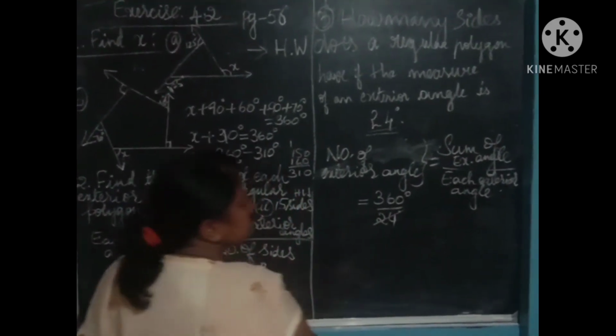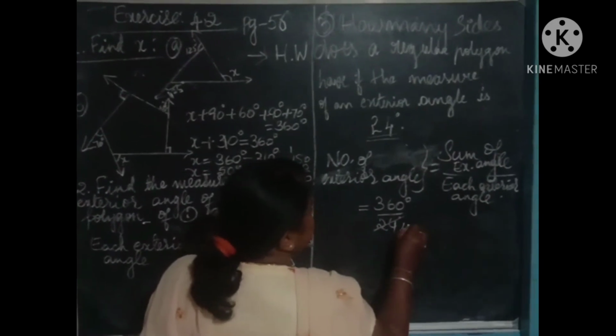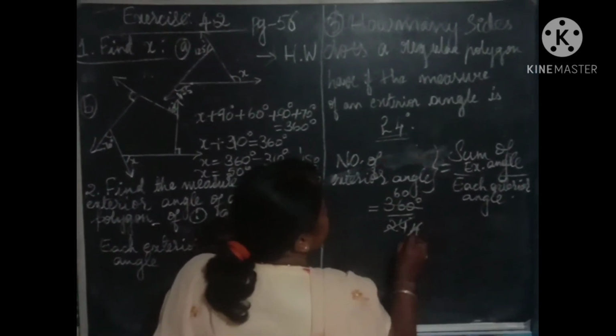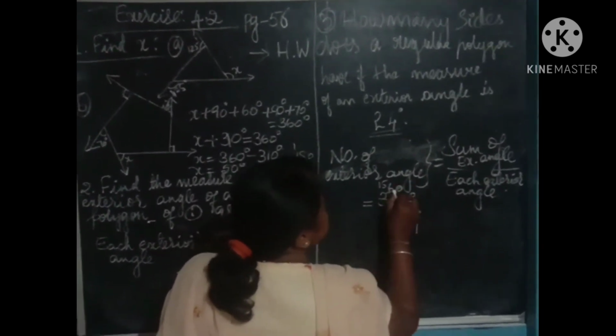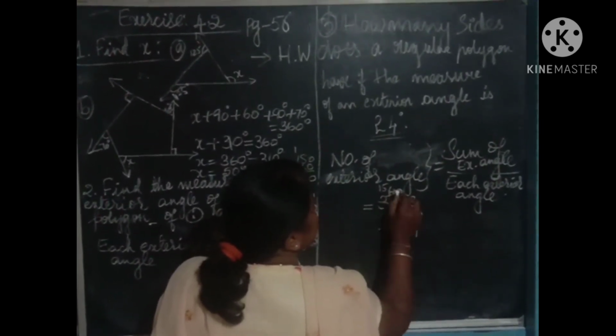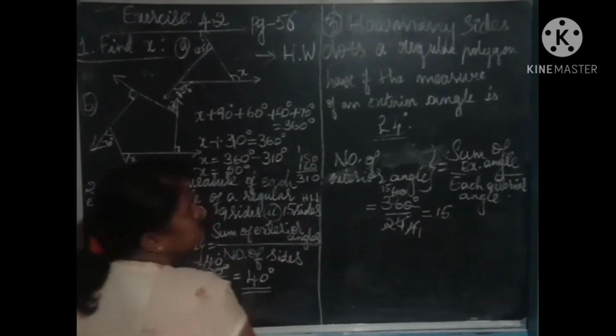Now let us see which table it is. 24 and 36. Which table? Take 6. 6 4s are 24, 6 6s are 36. And again 4 1s are 4, 4 5s are 20. Correct. 4 1s are 4, 2 remains here, 20, 4 5s are 20. So that is 15.